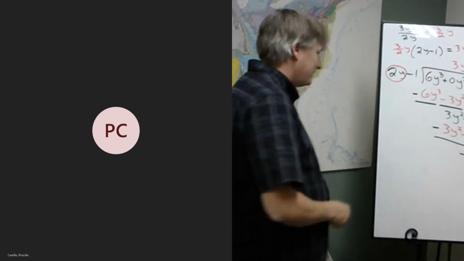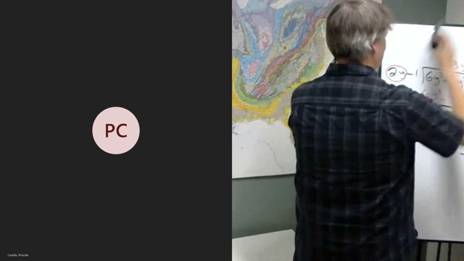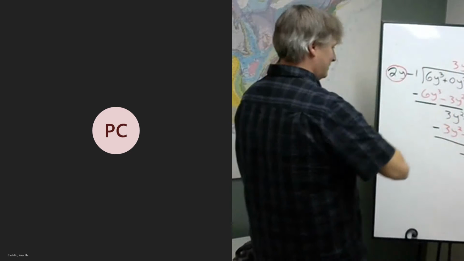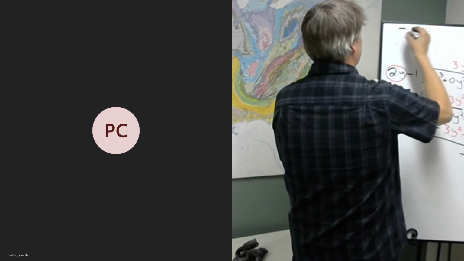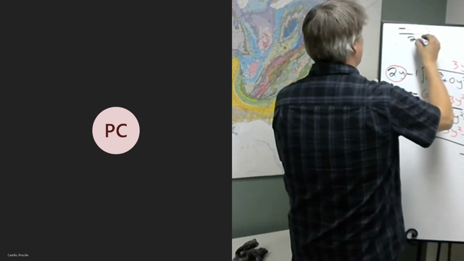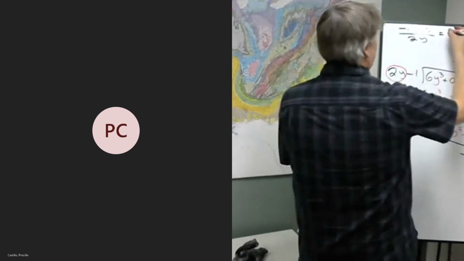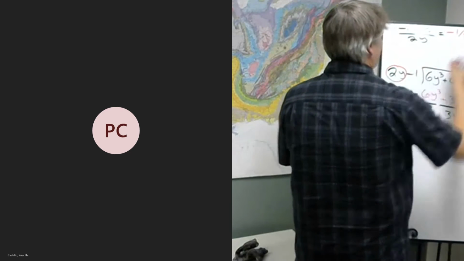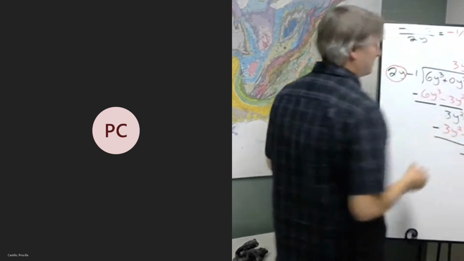Now we're going to take -1/2 y divided by 2y. It's going to be -1/4. So -1/4.